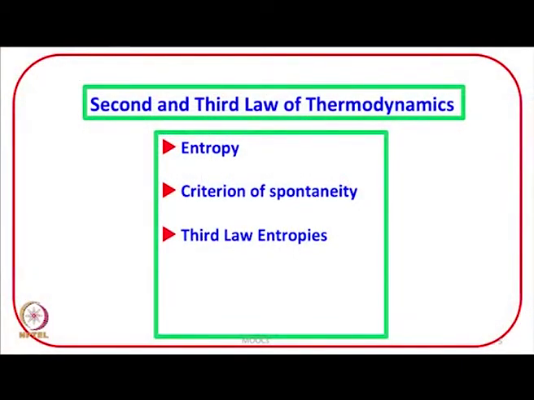We further discussed the third law entropies. These third law entropies were introduced after discussing the third law of thermodynamics. According to the third law of thermodynamics, we discussed that the entropy of each element is positive, and it may become 0 at absolute 0.